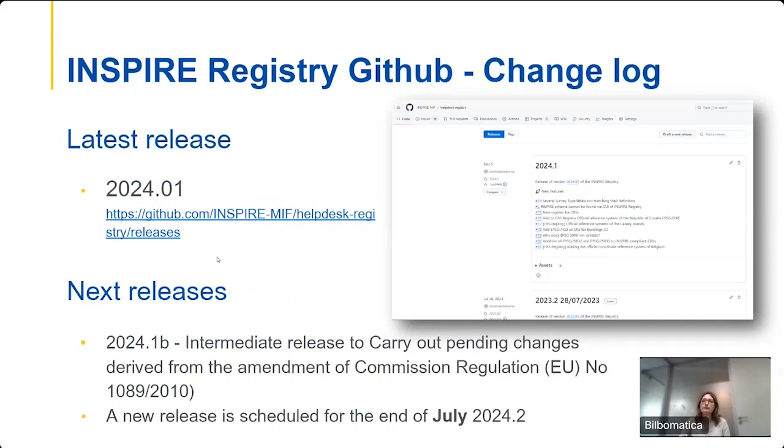In the INSPIRE Registry release, the latest was in January, and we added different new items and corrections. And for the next release, we have an intermediate release to carry out the pending changes derived from the amendment of the Commission regulation. And a new release is scheduled for the end of July.